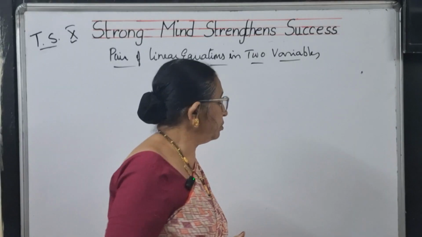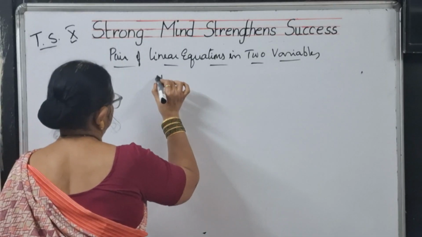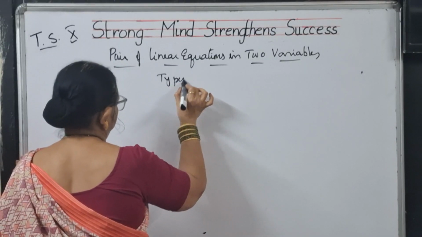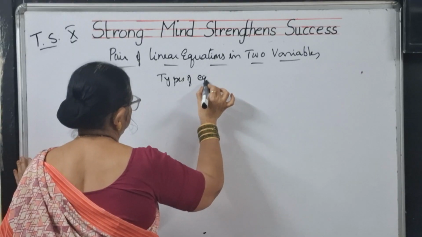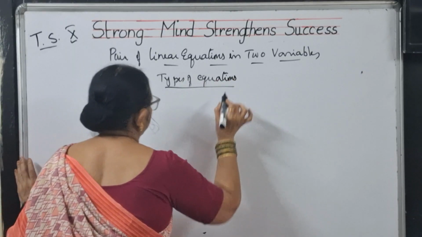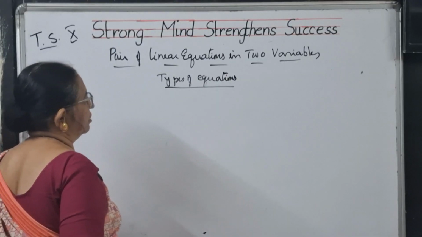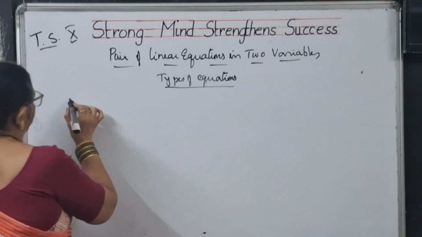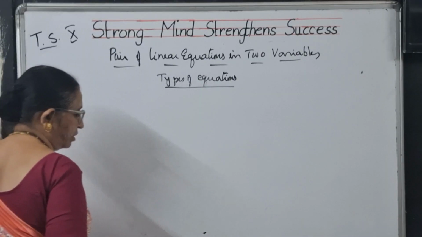Now let us talk about types of equations. You are going to talk about actually three types. What is the first type of equation?